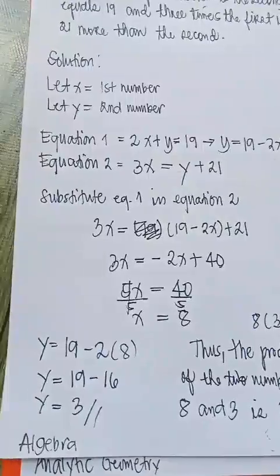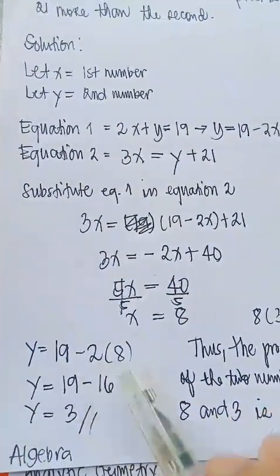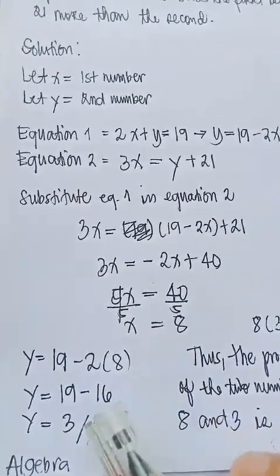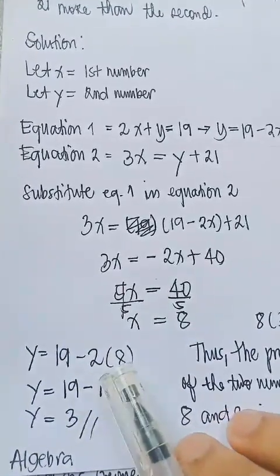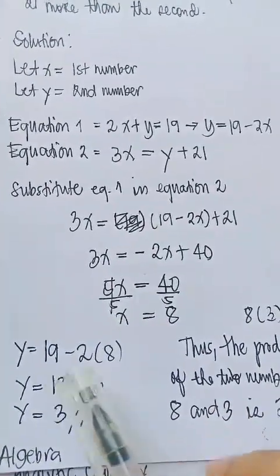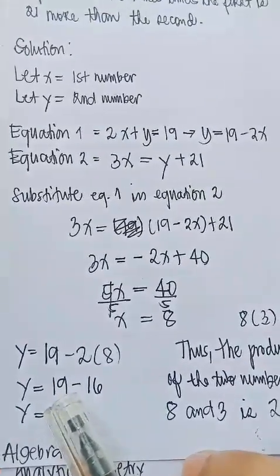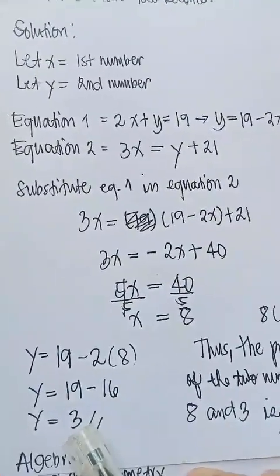Next, y equals 19 minus 2 times the value of our x, which is 8. So we multiply first 2 times 8, which gives us 16, and copy 19, and 19 minus 16 is 3.